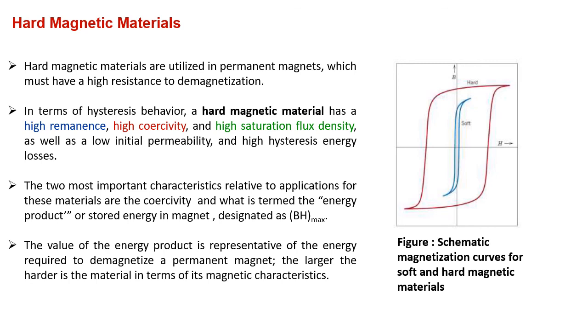The two most important characteristics relative to application of this material are the coercivity and what is termed the energy product, or stored energy in the magnet, designated as BH max. The value of the energy product is representative of the energy required to demagnetize a permanent magnet. The larger it is, the harder the material is in terms of its magnetic characteristic. So the hard magnetic material is known to have the larger hysteresis loop in here.